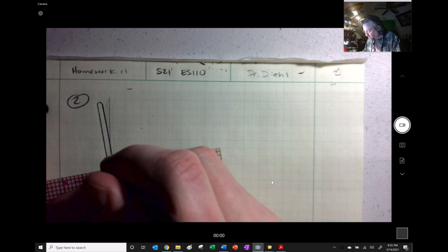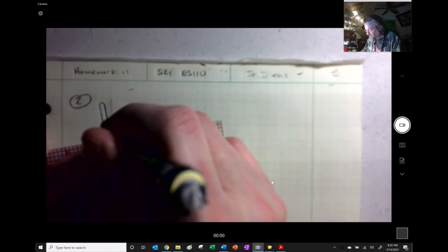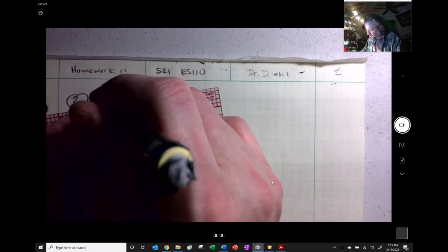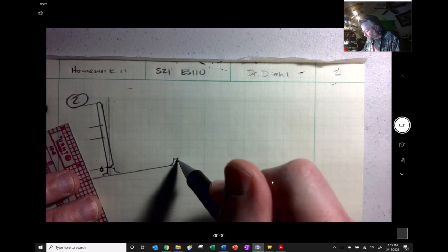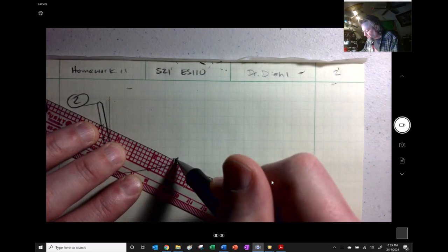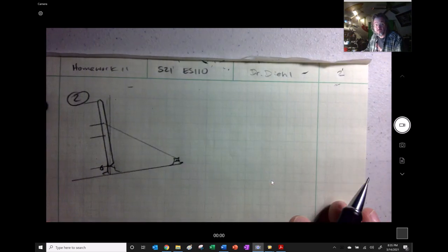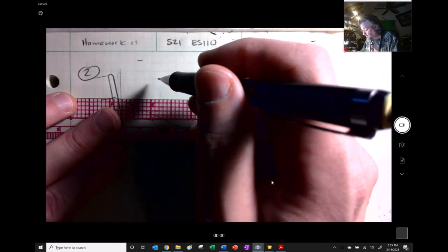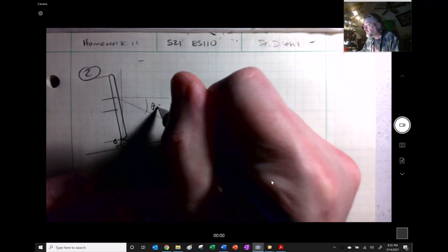And in terms of the lengths, right here is the center of gravity. Right here is where the rope is attached, and then right here is the top of the tree. I really made this exaggerated compared to the original, and so like here is horizontal, and that's going to be theta.